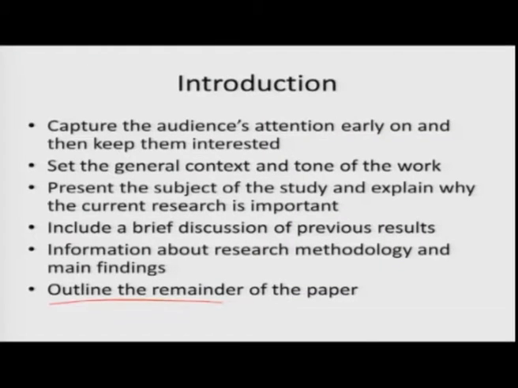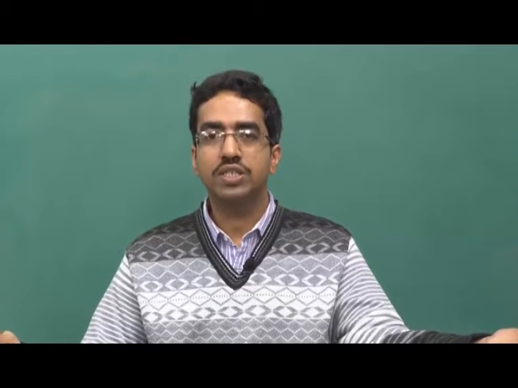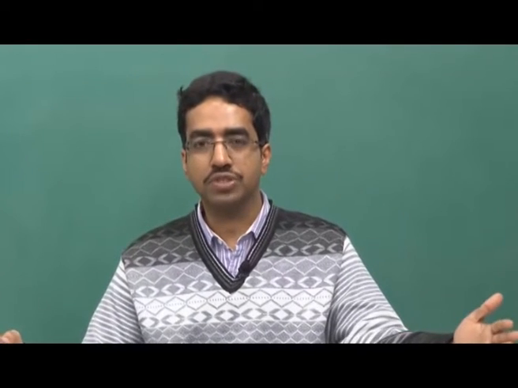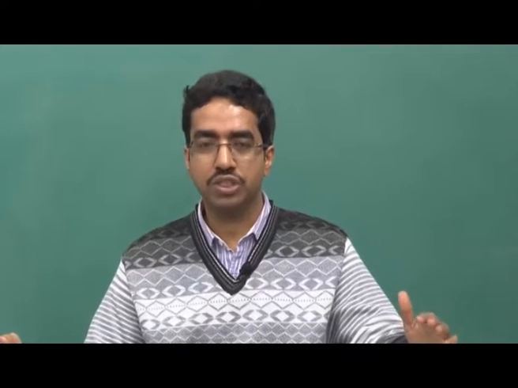Another important thing is you also outline the remainder of the paper, just as you would do in a dissertation. In dissertations you have chapters. In a research paper you have sections and subsections.